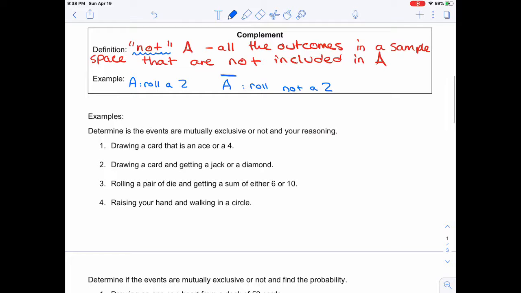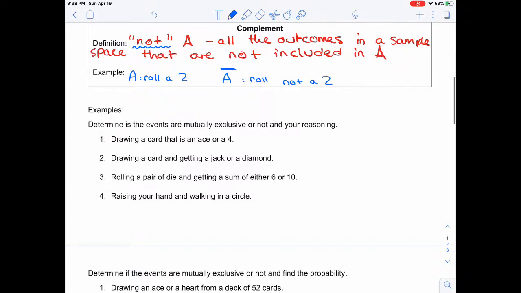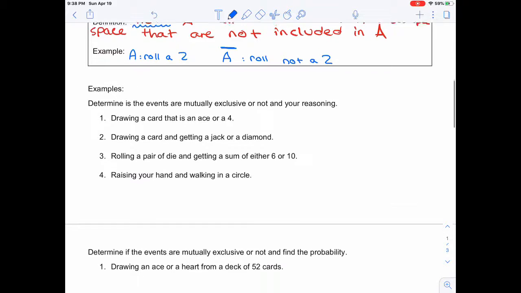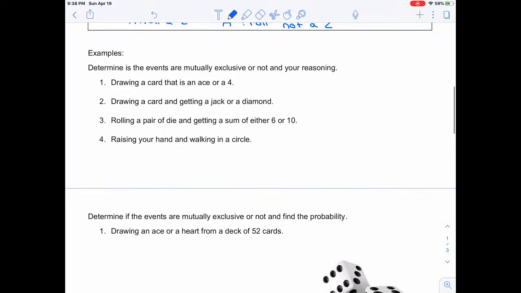So for a couple of examples here, I want us to decide if they are mutually exclusive or not and why. So we have drawing a card that is an ace or a 4. This can't happen at the same time, so this is going to be mutually exclusive. And again, our reasoning: can't happen at the same time.